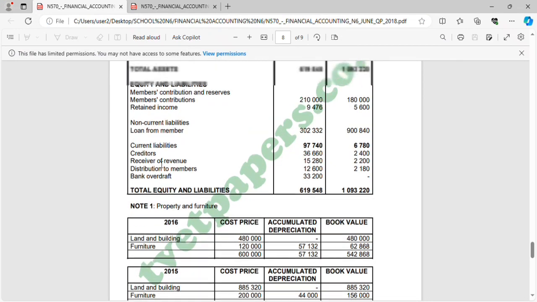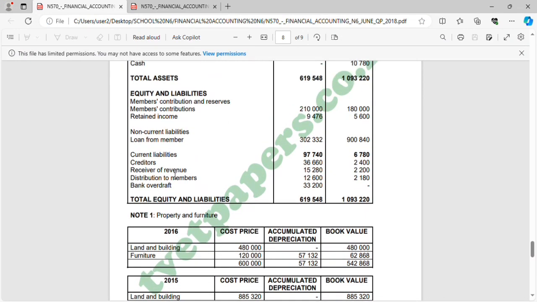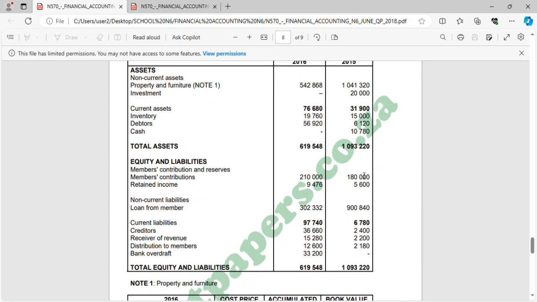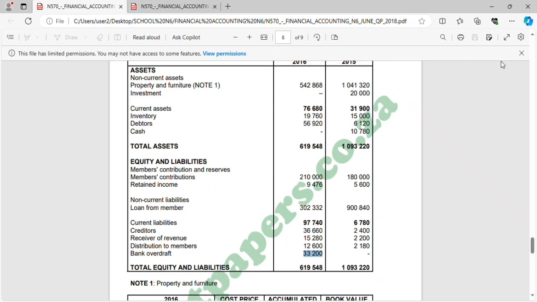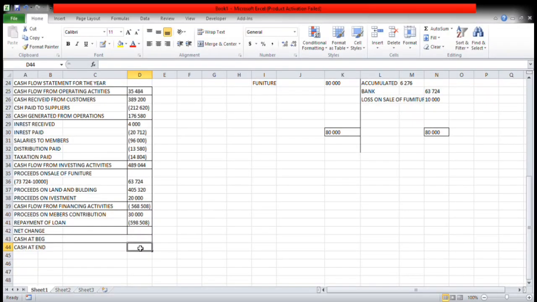Oh, so we have the cash at the beginning of the day, it was 10,780, and at the end is 3,200. So it's going to be easy for us to find the net change.